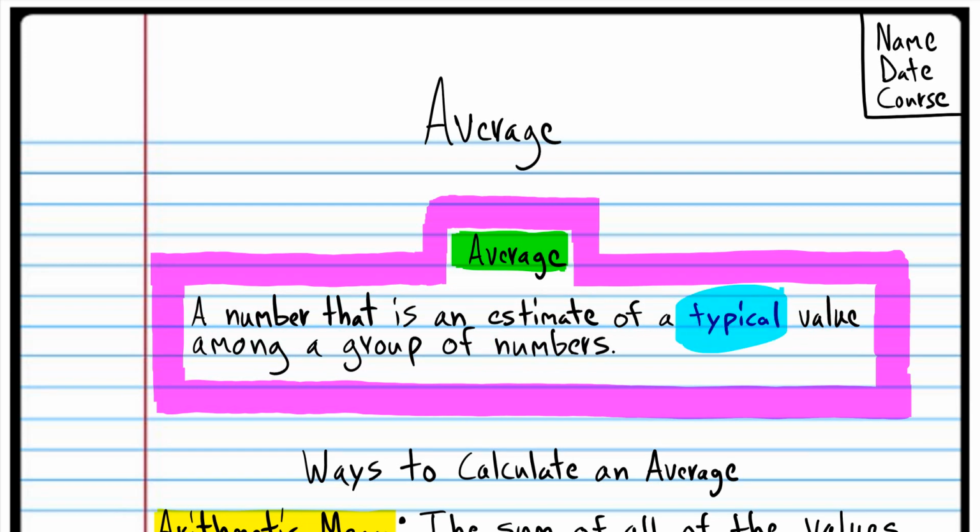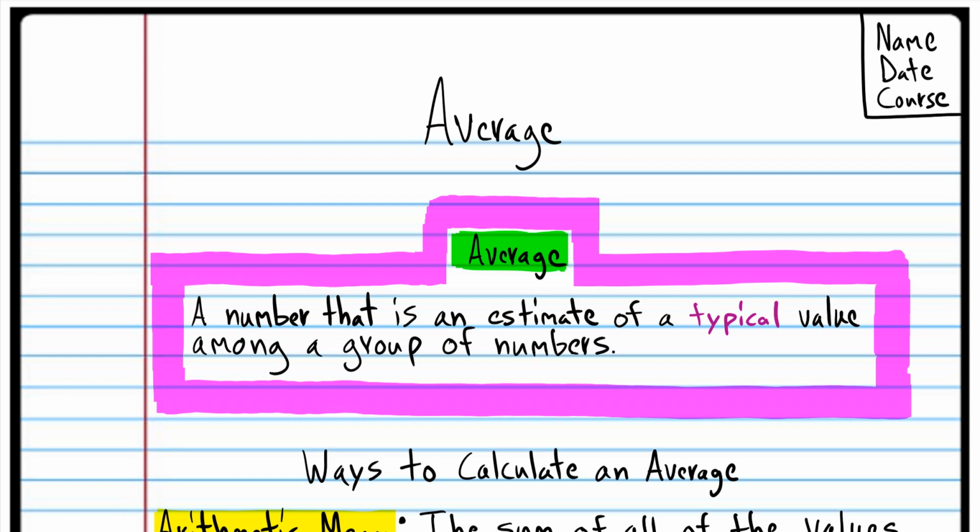It's a typical value. For example, if you think about the price of a loaf of bread, look at all the prices that you'll see in different brands and different stores. An average price would be what we would consider a typical price for a loaf of bread, which might be $4, maybe $5, somewhere around there.